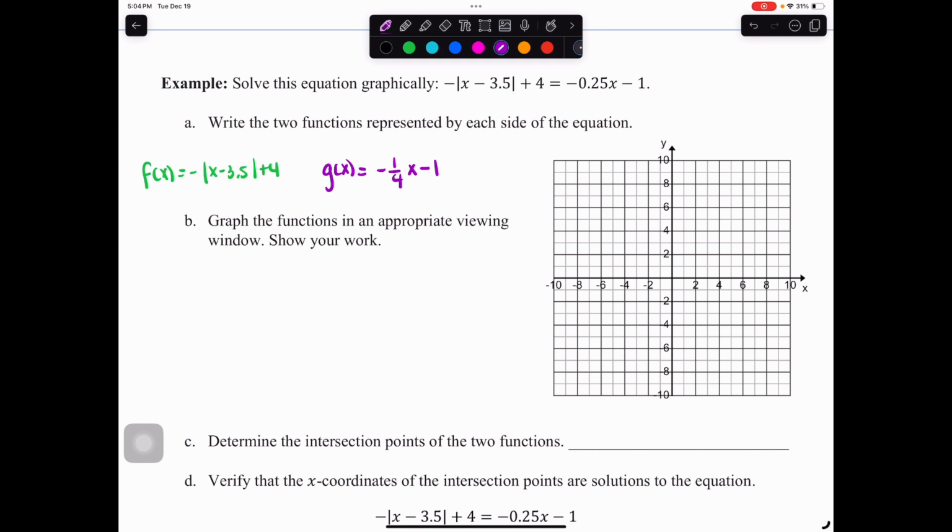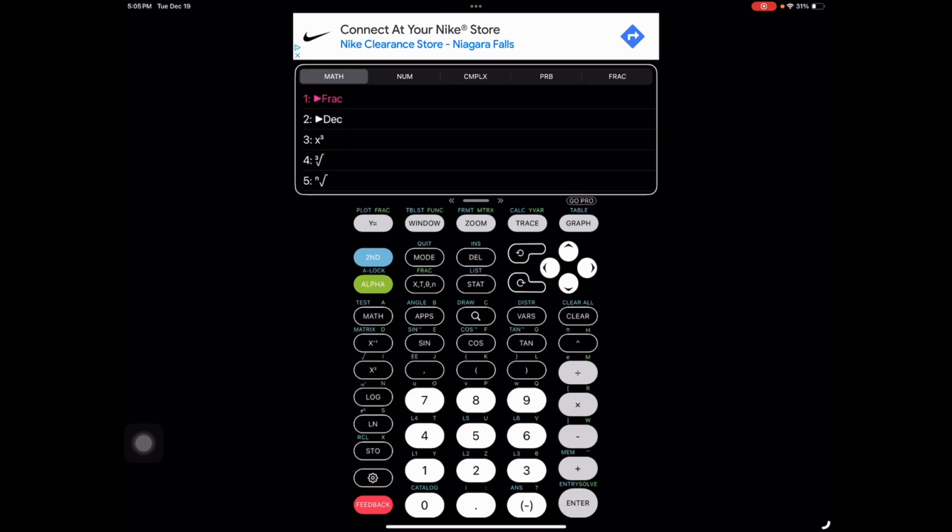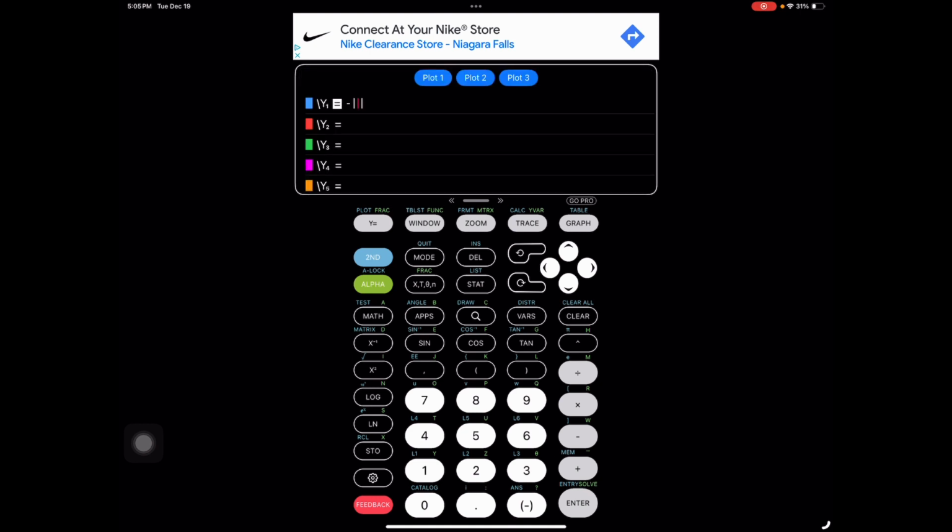So the first one, f of x, we definitely want to go straight to the calculator. And we're going to get a table of values, f of x on this side, x over on the input side. And we're going to go take a look at what the graphing calculator looks like. So we'll go to the y equals screen and we're going to type in what we see. We're going to see negative. Then we're going to go to math, over to number, and we're going to pick number 1, which is absolute value.